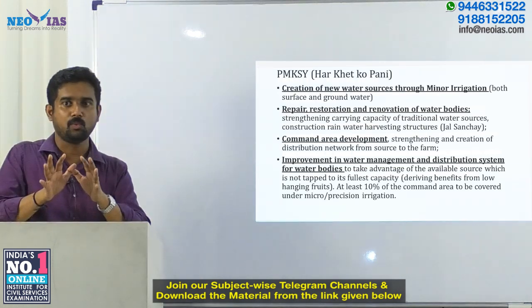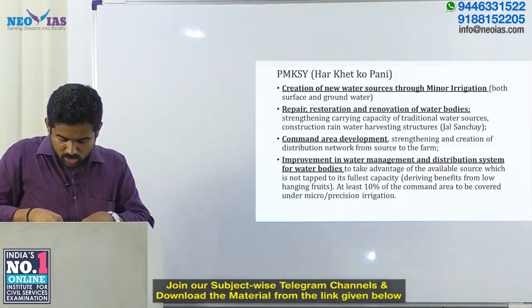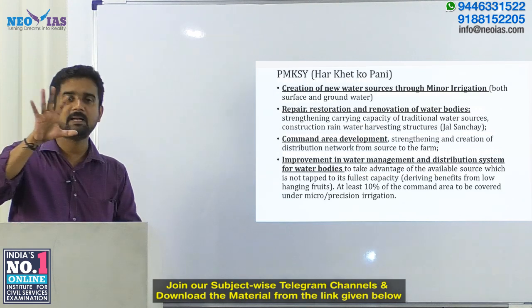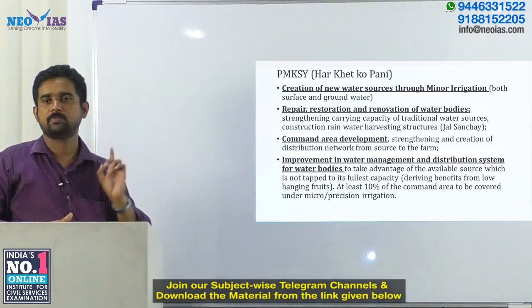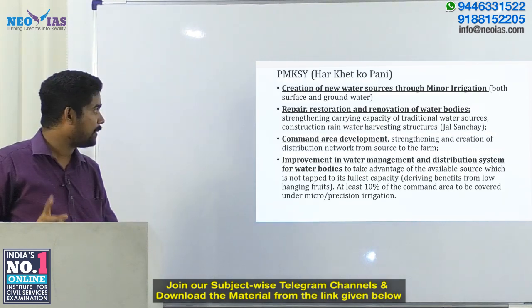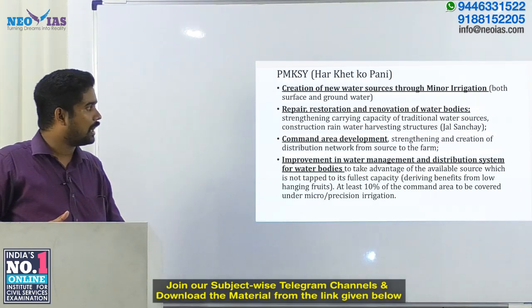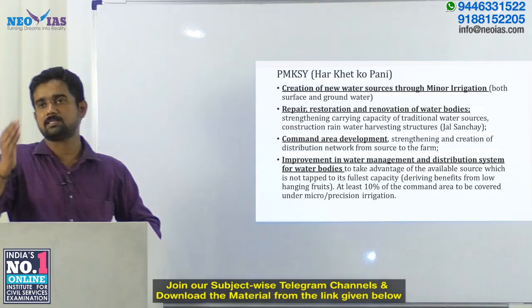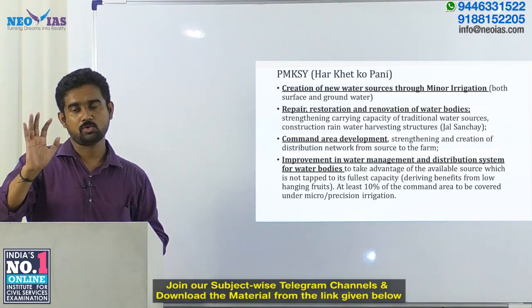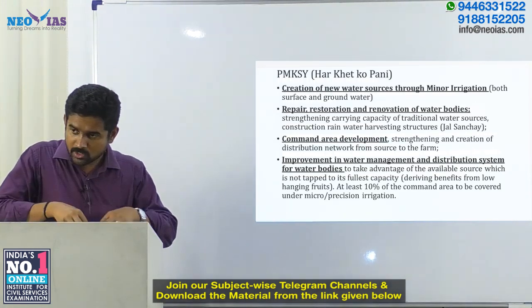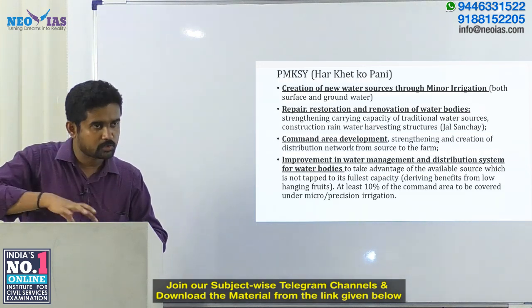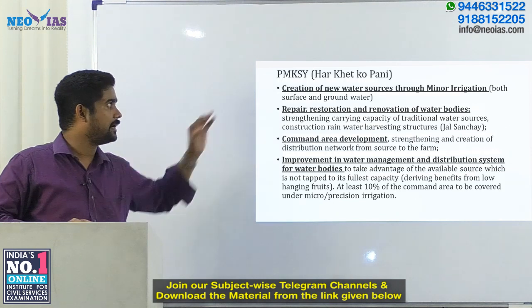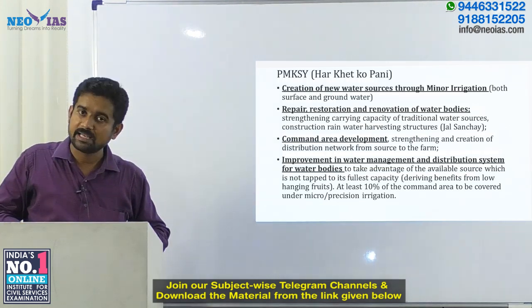So in whatever mode, ensuring enough water availability in the crop related areas is what this component does. And again, improvement in water management and distribution system of water bodies. So water from the source to the end point, ensuring its availability as well as taking care of the source part, is what the component of Har Khet Ko Pani takes care of.